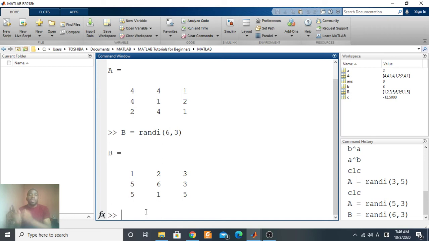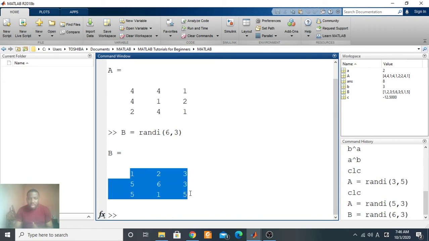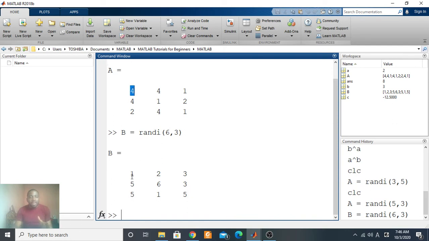So fundamentally, if two matrices are to be added, they have to have the same size. So these two, for example, this is 3 by 3 and this has to be 3 by 3 if we have to be able to add them, so that the addition will be element by element. So it will be the first item here plus the first, then the second plus the second, then the third plus the third, to form the new items.